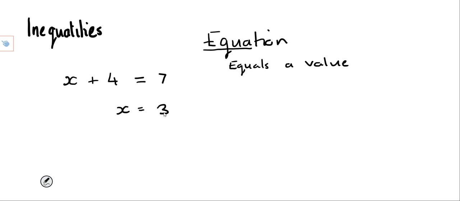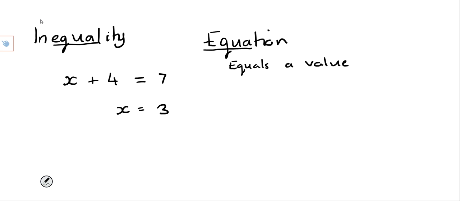So this is where I'm going to change it from an equation to an inequality. Let me just rewrite that so you can see again. Now this is an inequality. Do you notice how the equal sign is still there? But we've got this extra bit of inequality.